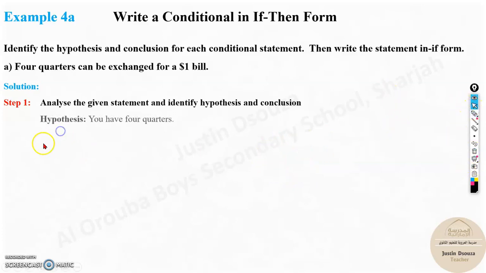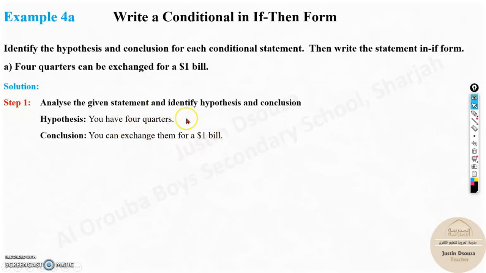So now what we need to understand is, over here, see the first sentence, when you read it you'll understand: 4 quarters, that is the hypothesis, and getting a $1 bill is the final result. So that will be the conclusion. So the hypothesis is you have 4 quarters. The conclusion is you can exchange them for a dollar bill.